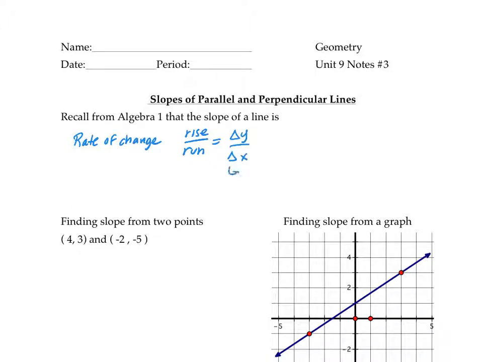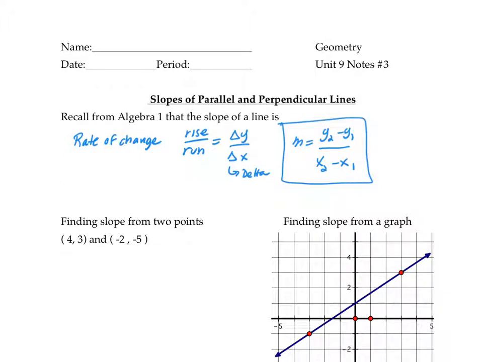That little triangle is the delta symbol representing change in something. But most likely, what you hopefully remember is that slope is equal to y2 minus y1, there's your change in y, divided by x2 minus x1, the change in x. So it's the rate of change between the y values and the x values.